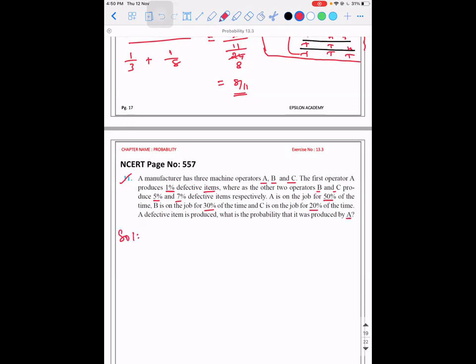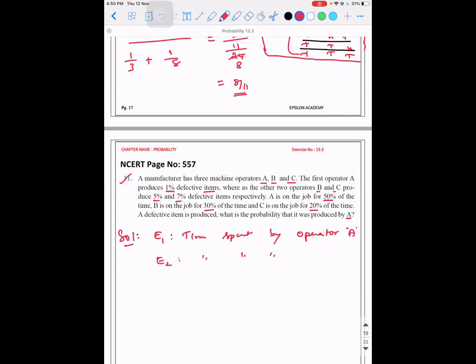So, solution. What is event 1? Here, which events are mutually exclusive and exhaustive? 50, 30, and 20. E1 is the time spent by operator A. So what is E2?